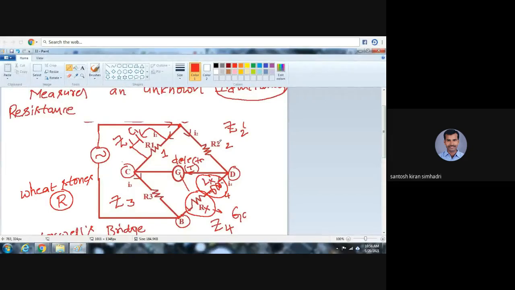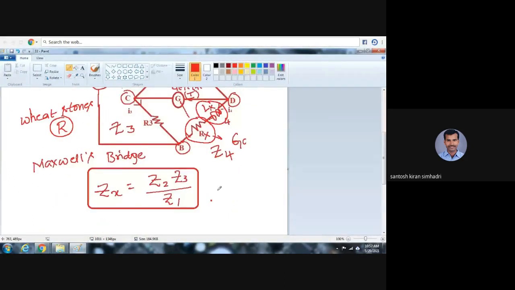R2 is the same as in the Wheatstone bridge, and R3 is also the same. Coming to arm 4, Rx is varied, that resistance replaced with resistance and inductance. This is the extension of the Wheatstone bridge.